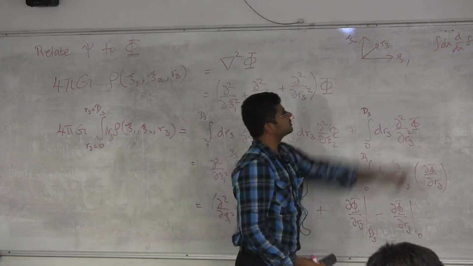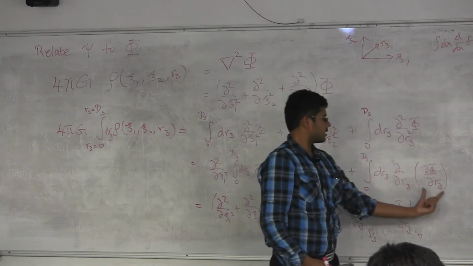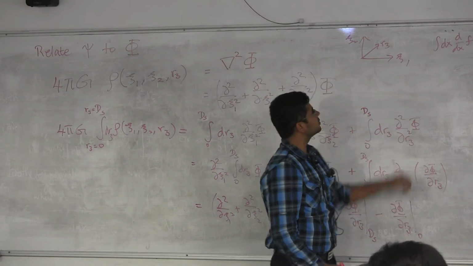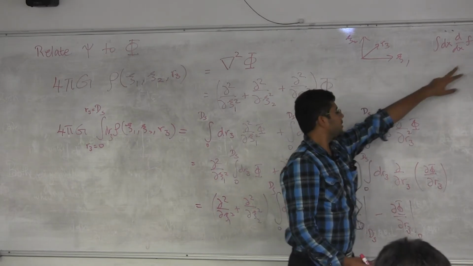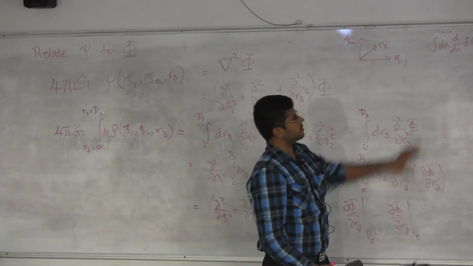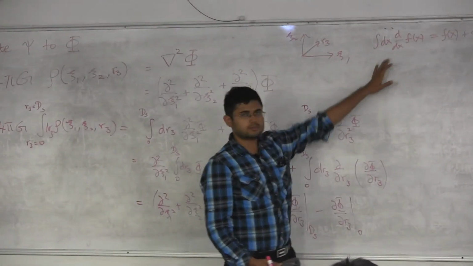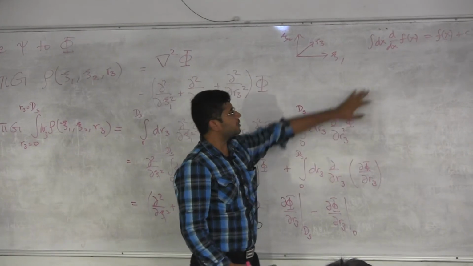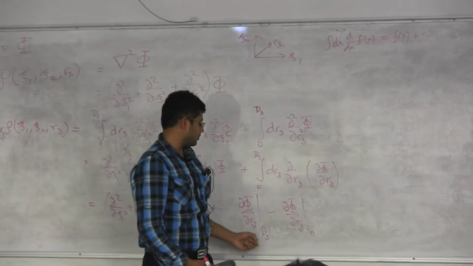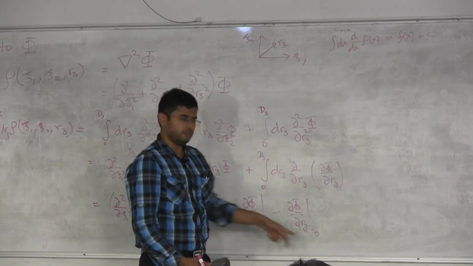Except that this f of x is equal to this del phi by del r3 itself, and it is in multi-dimension, so I have a partial derivative. But this is an indefinite integral, and since I have the limits, I have to subtract these two terms evaluated at the boundaries.